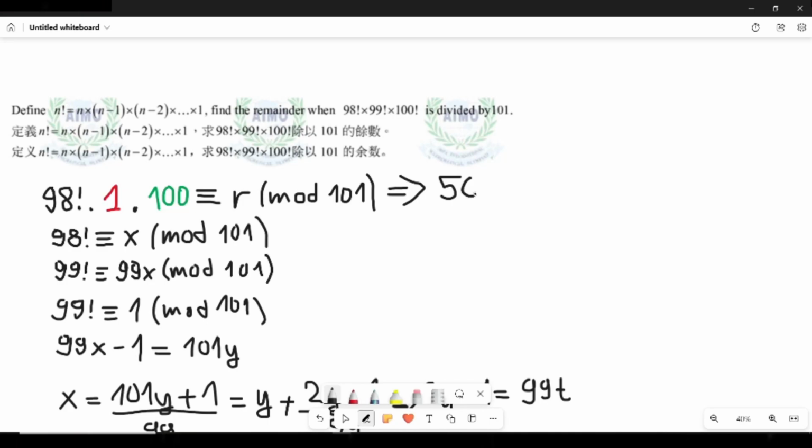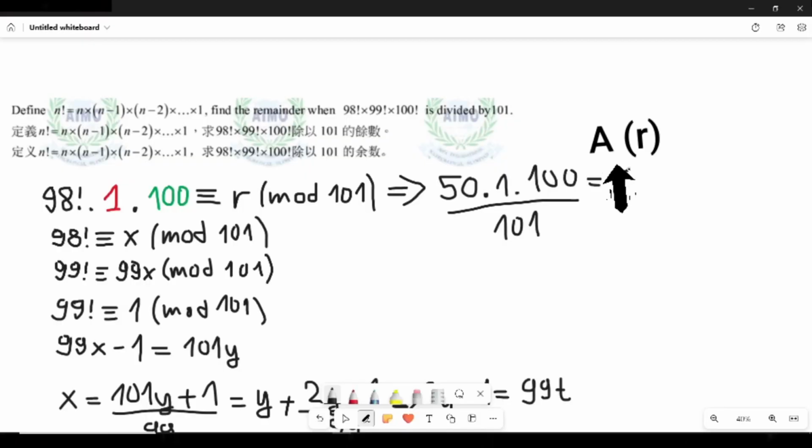So we get 50 times 1 times 100, which, when we divide it by 101, we should get the remainder we want.